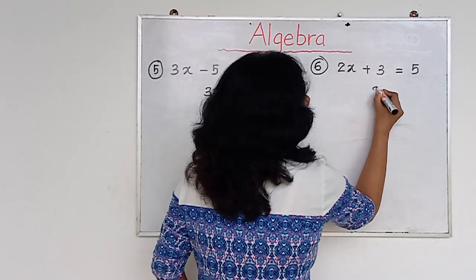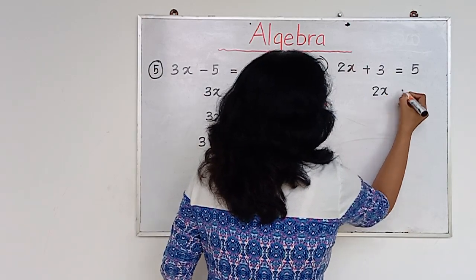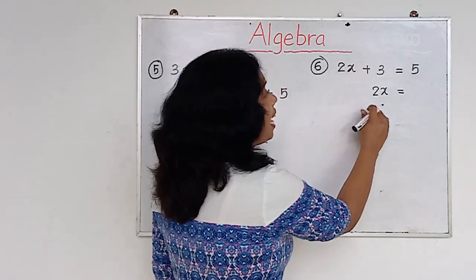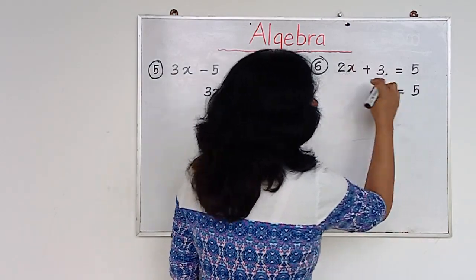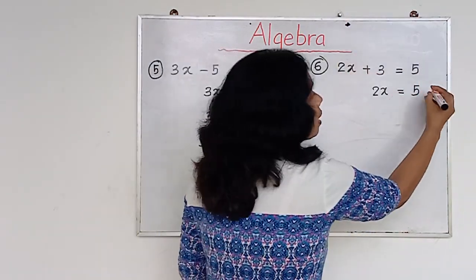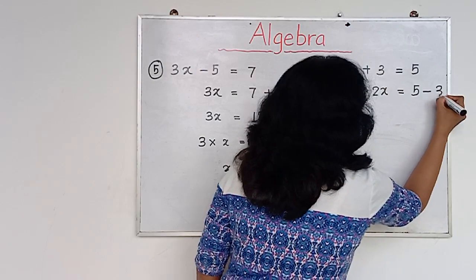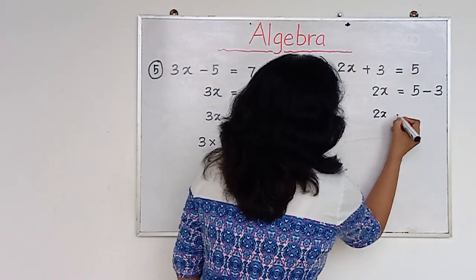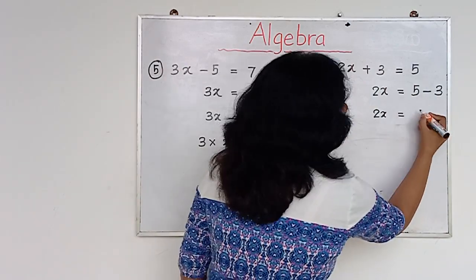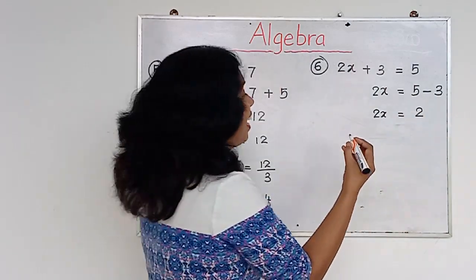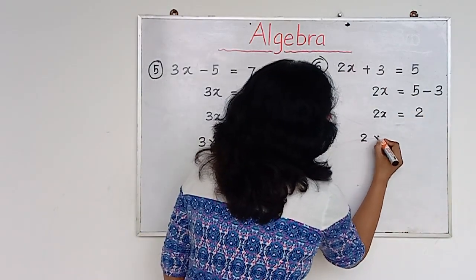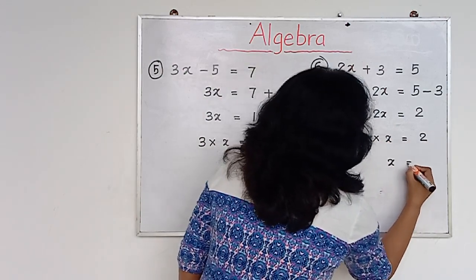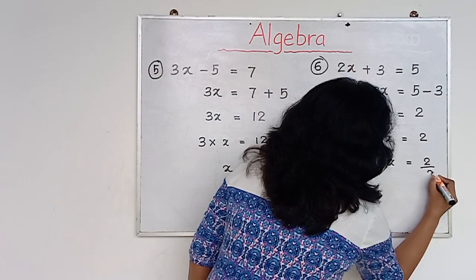So how can I remove plus 3? 2x I write as it is, keep as it is. Then what happened to this plus 3? When he goes to the other side, it becomes minus 3. Right? Then 2x equal to 5 minus 3, it is 2. Then 2x means 2 times x equals 2. Then x equals 2 divided by 2.